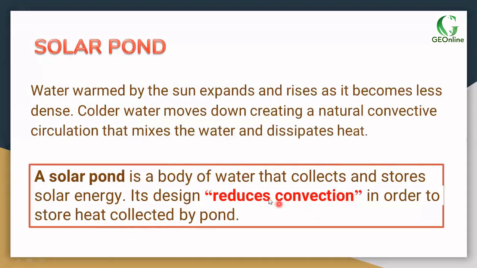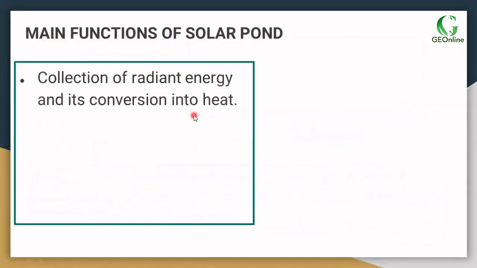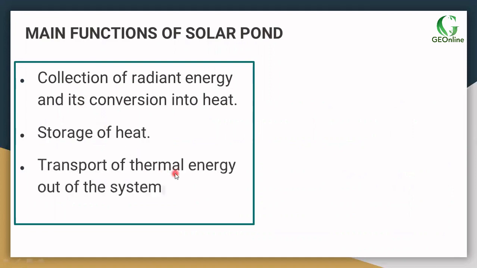So this works on the principle of reduction in convective heat transfer. Main functions of solar ponds are collection of radiant energy and its conversion into heat, storage of heat, and transport of thermal energy out of the system.